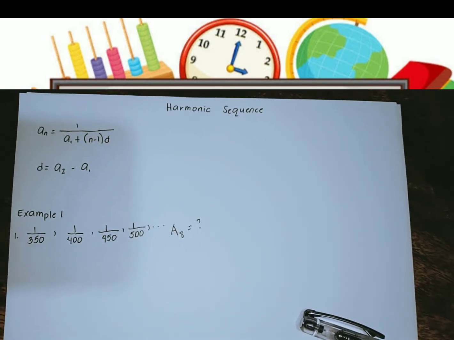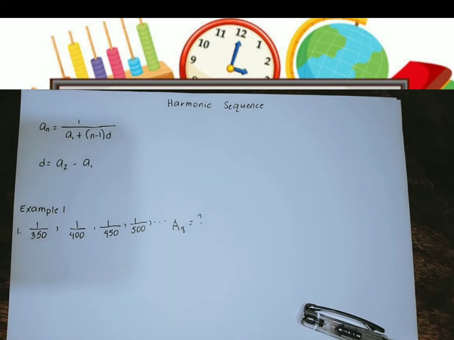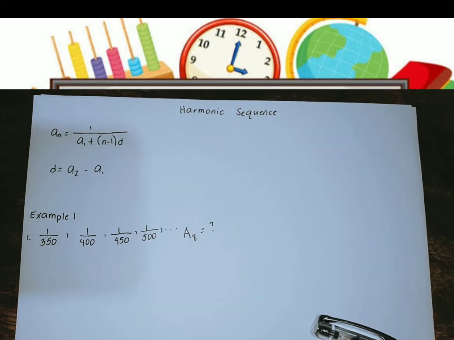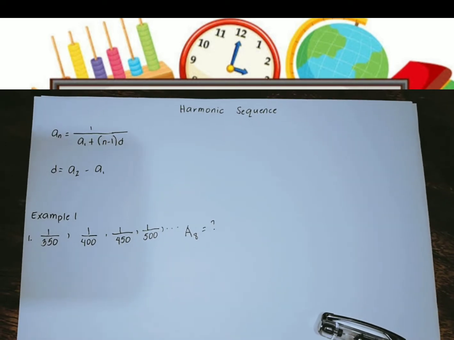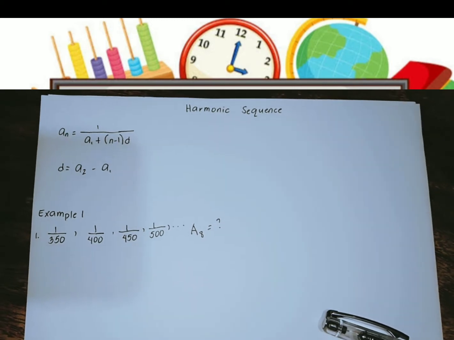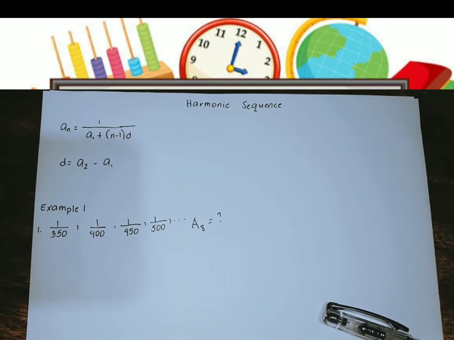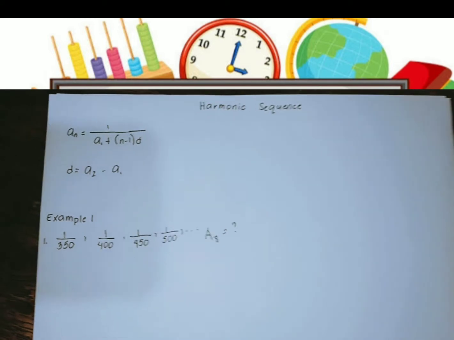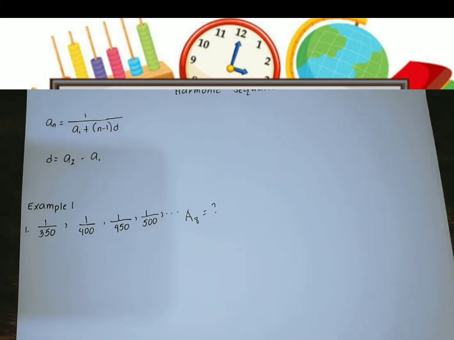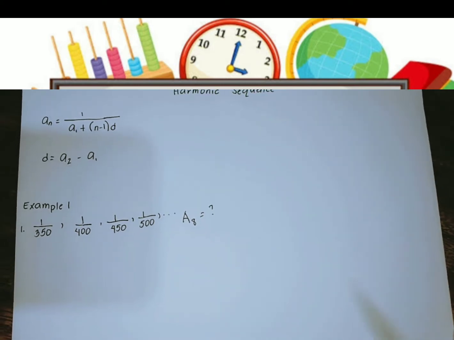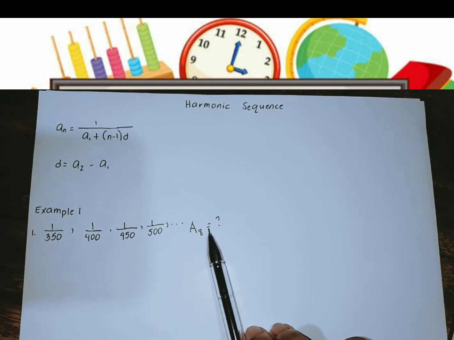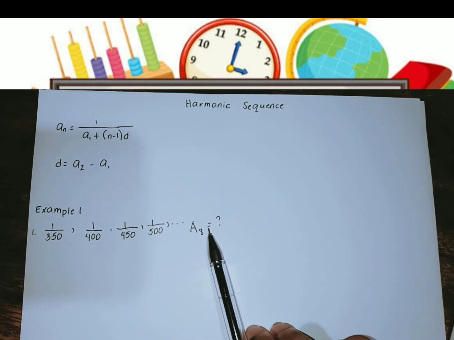Your denominators will be considered when they form an arithmetic sequence. Then we can tell that this is a harmonic sequence. So before we get a sub 8, let us start to find our common difference.